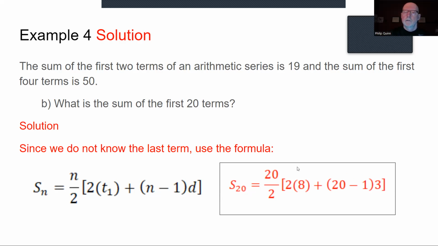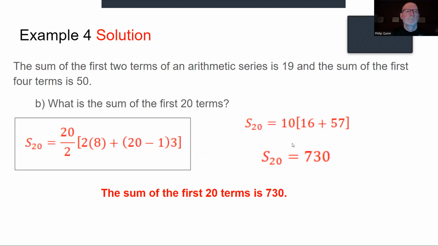So now all we have to do is just remember order of operations to get our final answer here. Inside the brackets, we have 16 plus 57, and 20 divided by 2 is 10. Sum these two numbers and then multiply by 10. The sum of the first 20 terms of this series is 730.